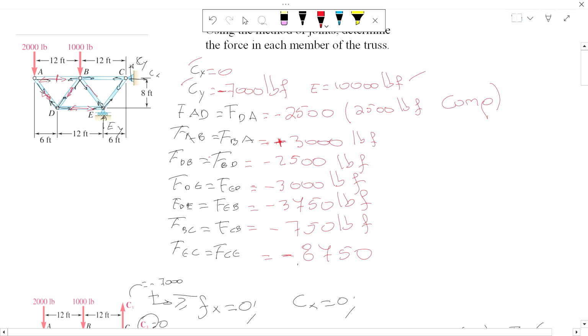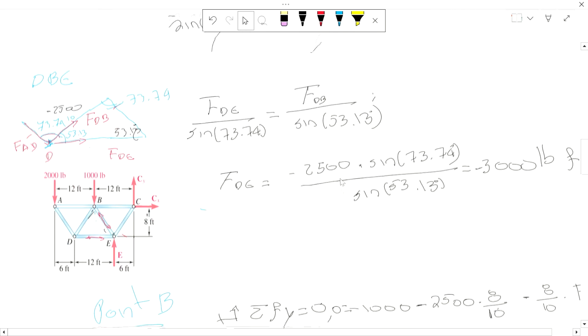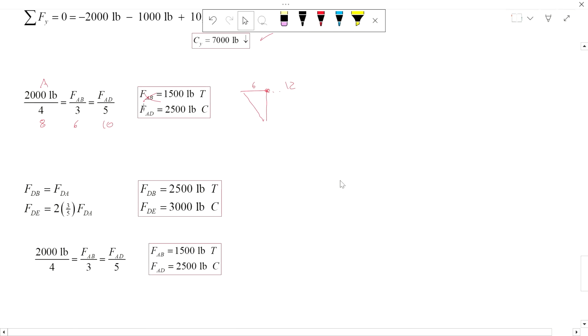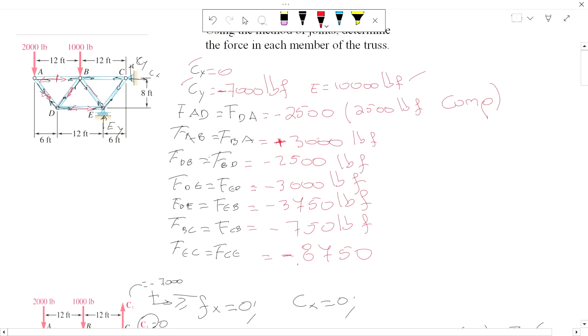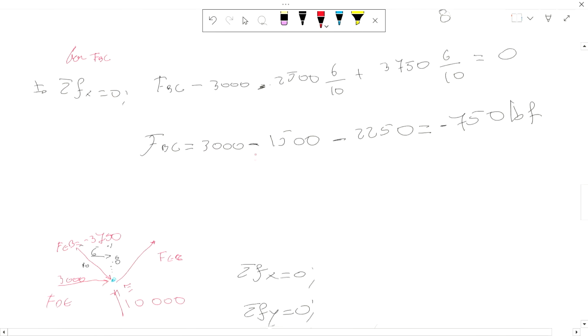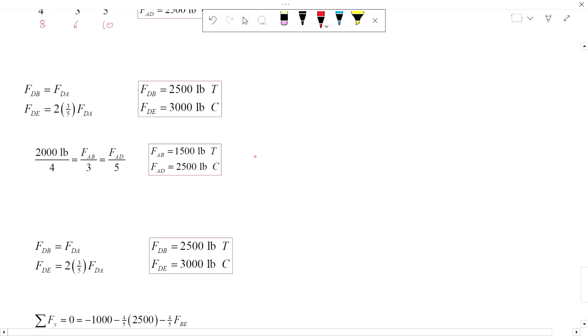So A to D, which one? They're doing A to B. What do they get for A to D? A to D is 2500 in compression. We got negative 2500, so A to D is perfect. So D to B should be in tension since A to D is in compression. Let's check. D to B is in tension, 2500.